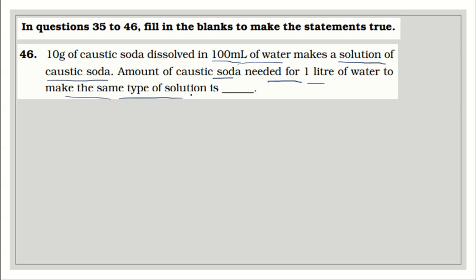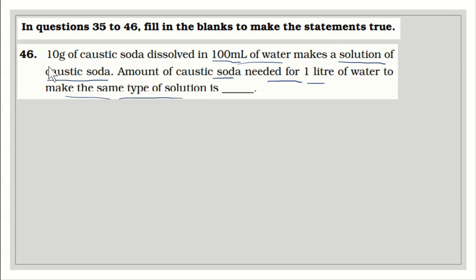Same type of solution means with the same capacity, or I can say, with the same concentration. Okay.